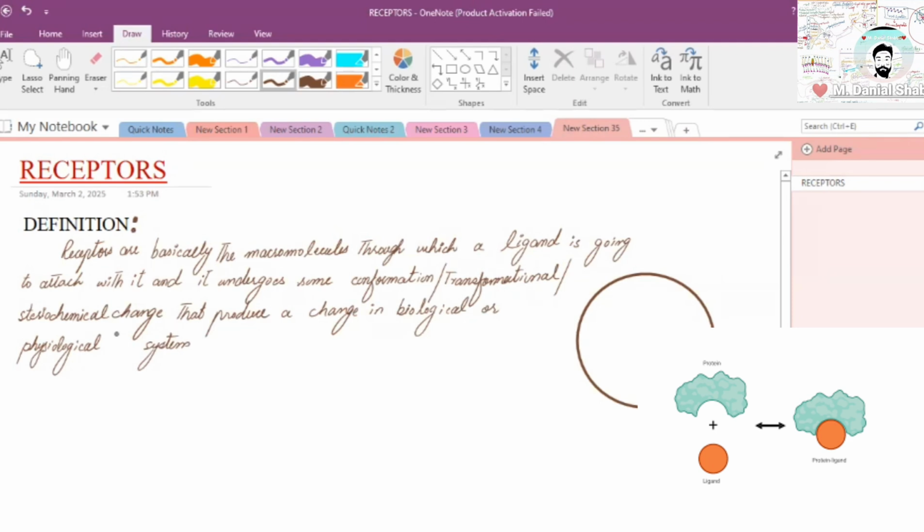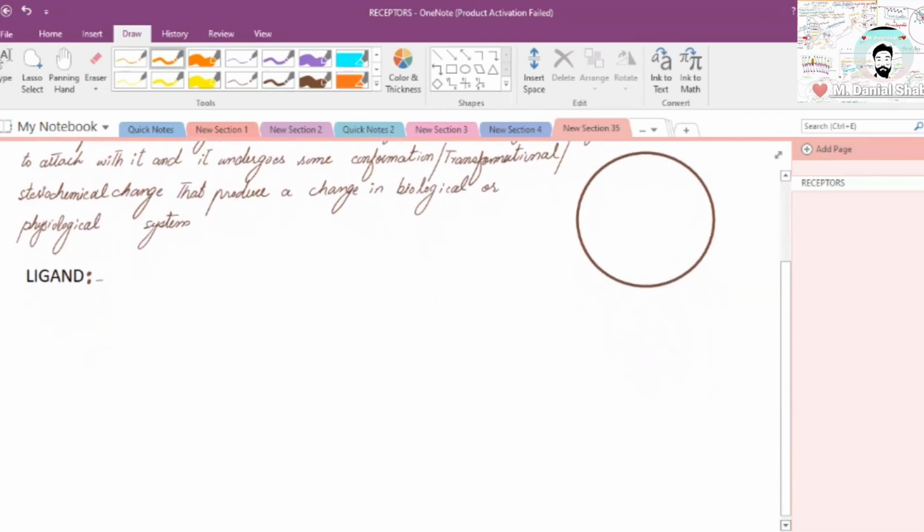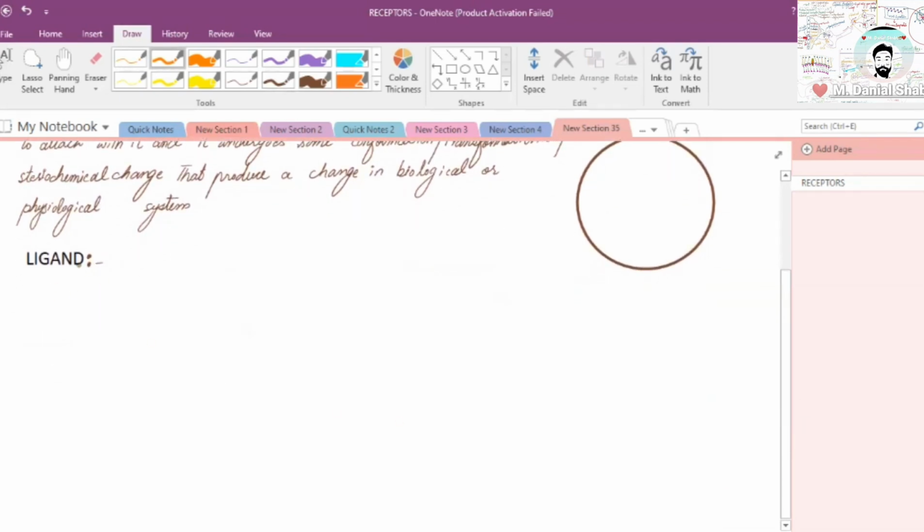Now come towards the other definition, that is ligand, which I told you a few minutes ago that I will discuss. What basically is a ligand?